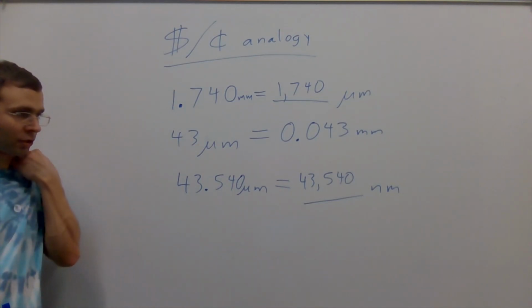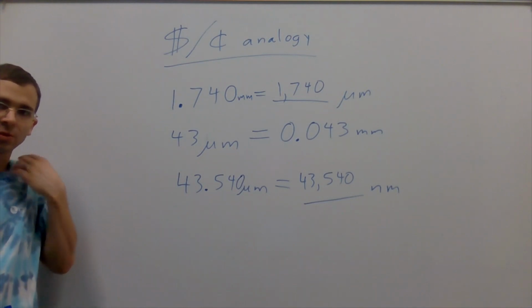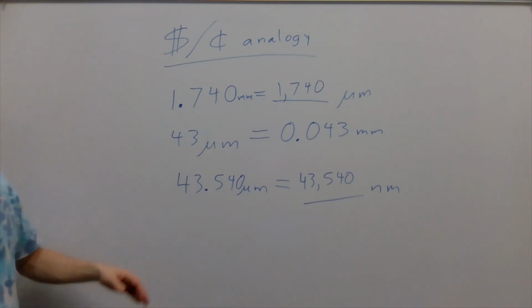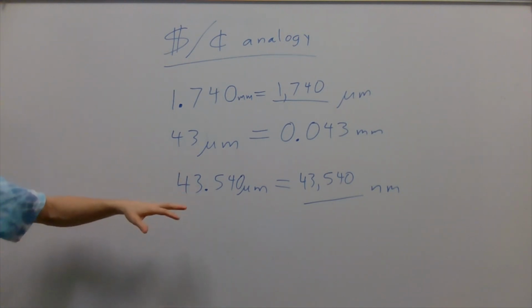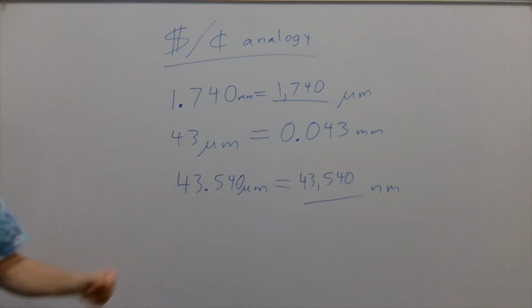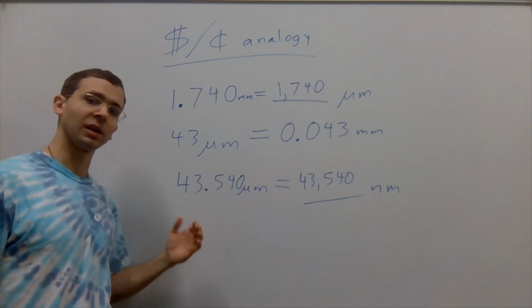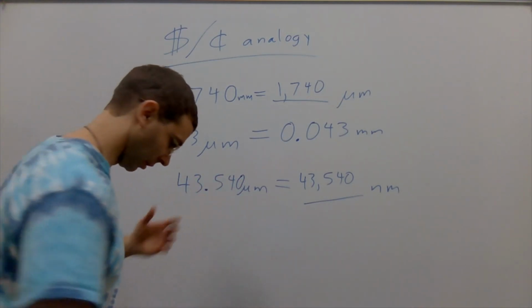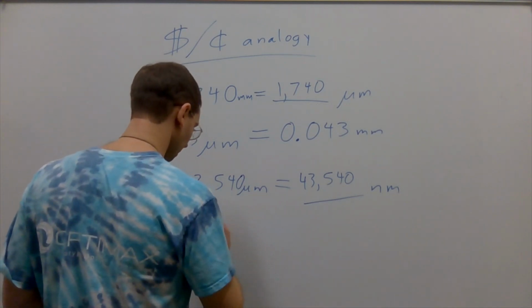A slight extension of this concept goes to the nanometers to angstroms level. But of course, just remember that while there are 1,000 microns in a millimeter or 1,000 nanometers in a micron, now we only have 10 angstroms per nanometer. That's just an important thing to keep in mind.